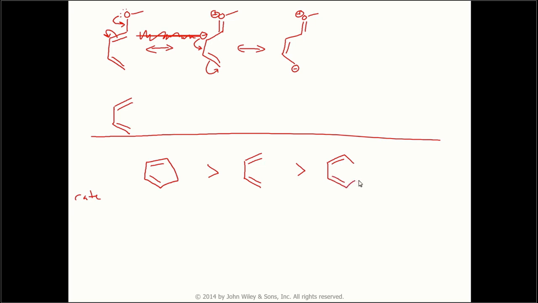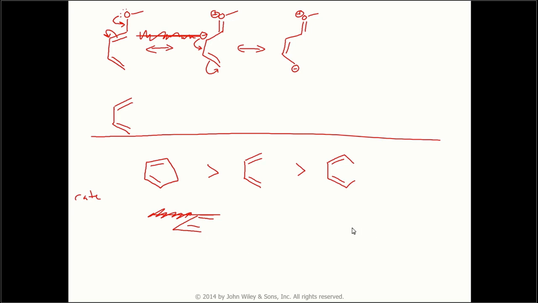And why is that? Well, it turns out that for the Diels Alder reaction, and we'll talk more about this as we go forward, you have to have your diene in what we call an S-cis conformation. So let me just refresh on that.